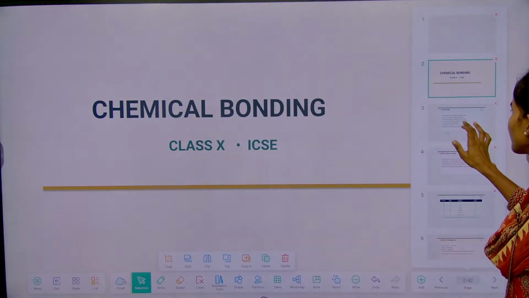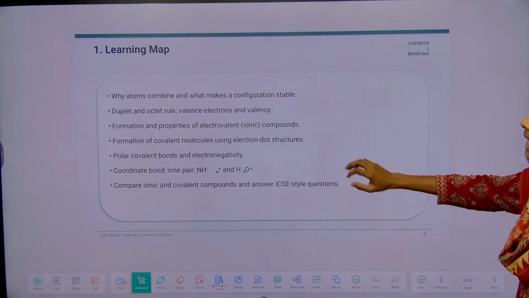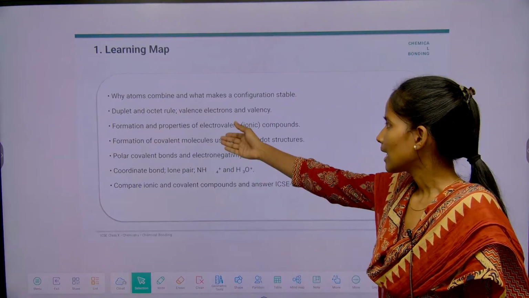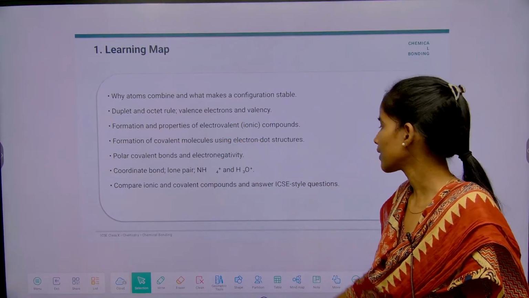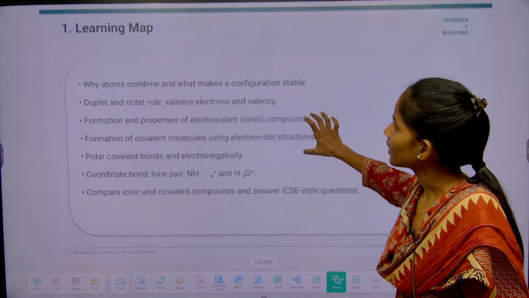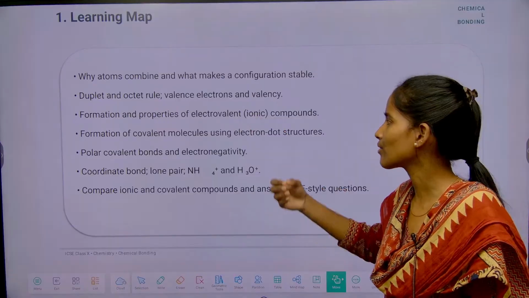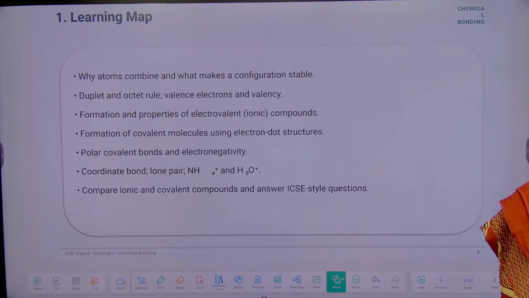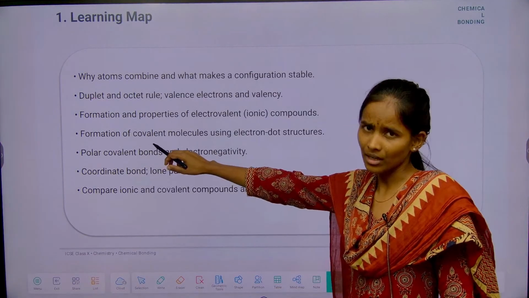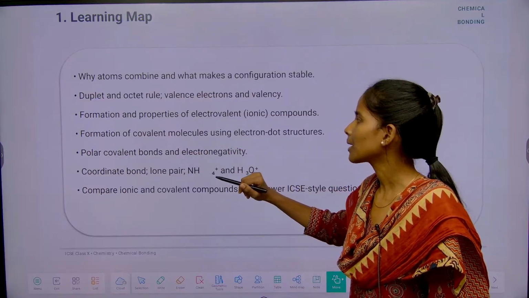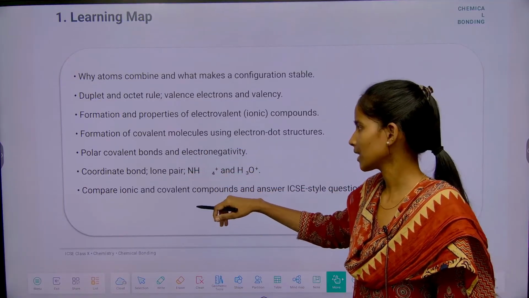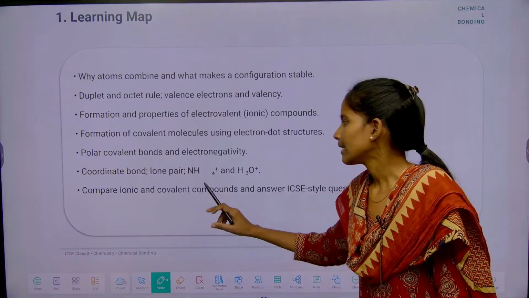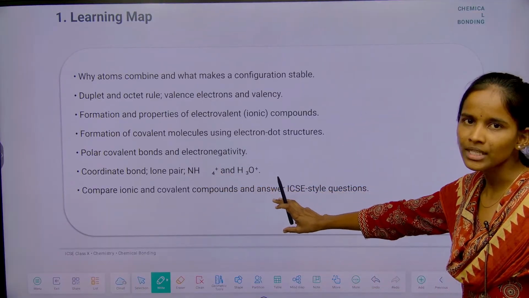In today's class, we will cover why atoms generally combine in order to get stability, what the octet rule and duplet rule are, and what is meant by valence electrons and valency, and the difference between them. We will see the formation and properties of ionic compounds, the formation and properties of covalent molecules, what polar covalent bonds and electronegativity are, and some coordinate covalent bonds with examples, and we will compare ionic and covalent compounds, how they are different from each other.